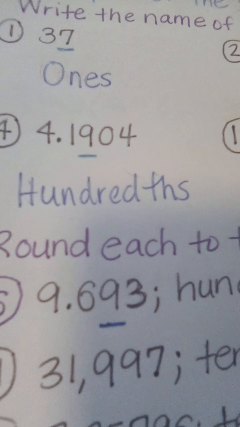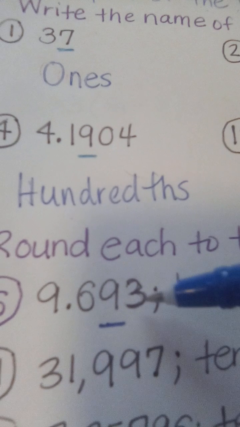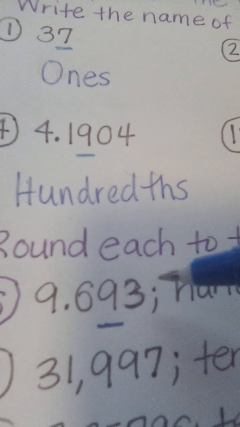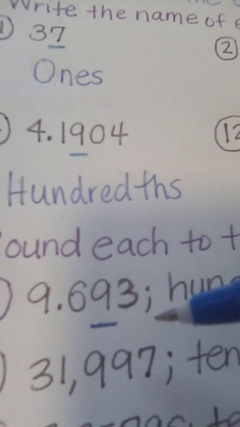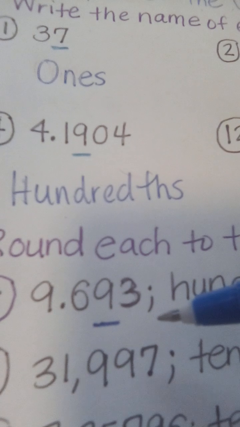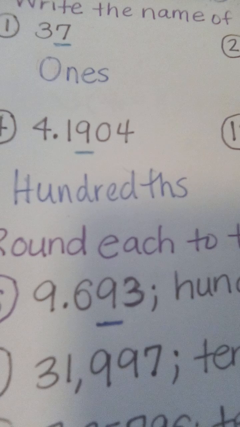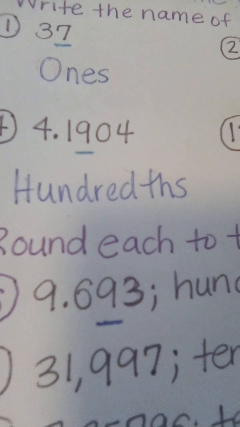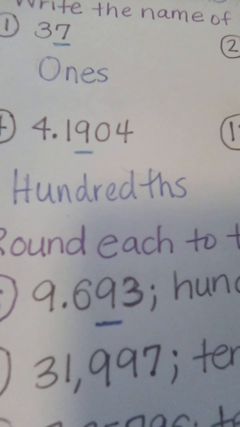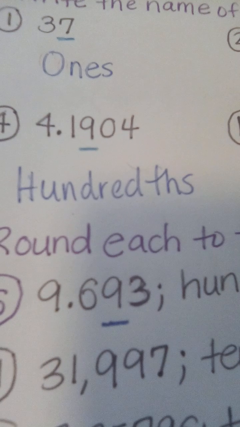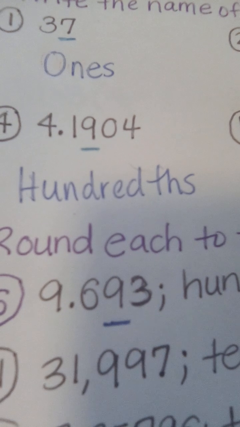Remember we taught that if the next digit is 5 or higher, it goes up one number. If it's below 5, it stays where it's at. So let's look at the next digit. Number 3. Is it 5 or higher? No. Very good. So what's the final answer for number 16? 9.69. That is the correct answer.